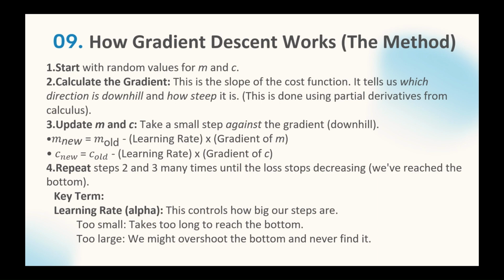It's a key value. If it's too small, it will take us forever to get to the bottom, and if it's too large, we will overshoot the bottom and might bounce around forever, never finding it. Finally, we repeat steps 2 and 3 many times until the loss stops decreasing. This tells us we have reached the bottom.